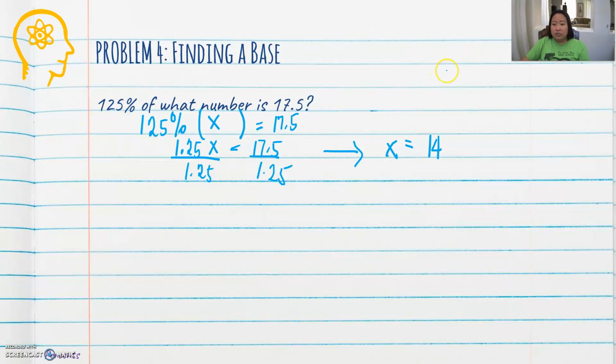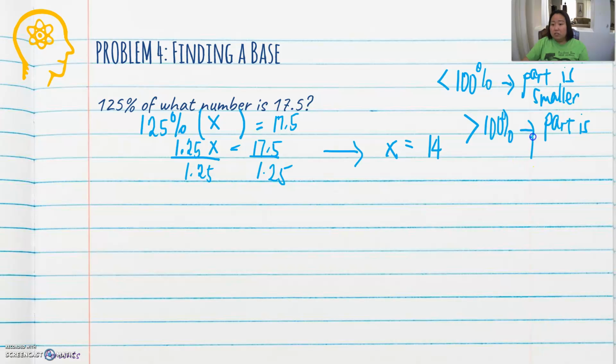If your percent is less than 100%, the part is smaller, okay? That's important. If you have more than 100%, the part, or the A, is bigger than the base. Always take note of that.